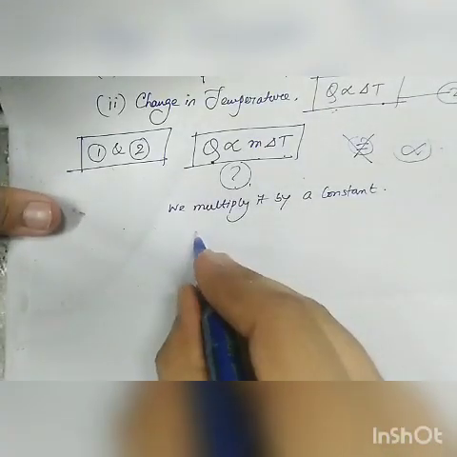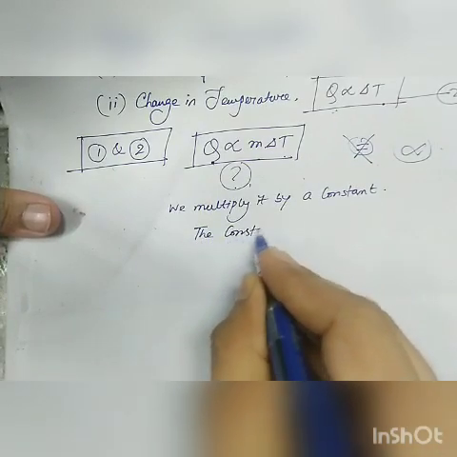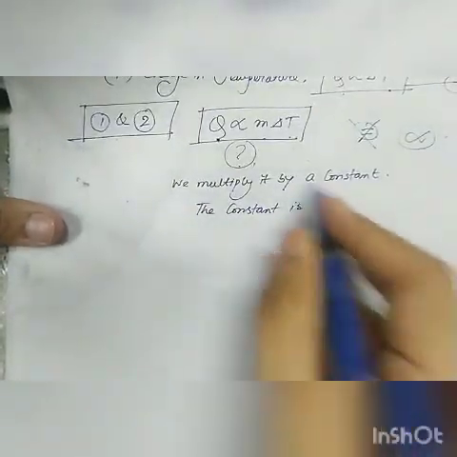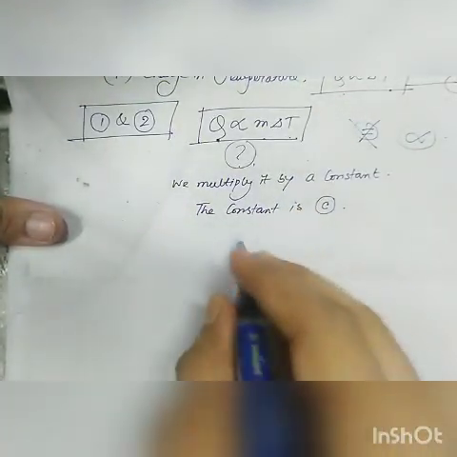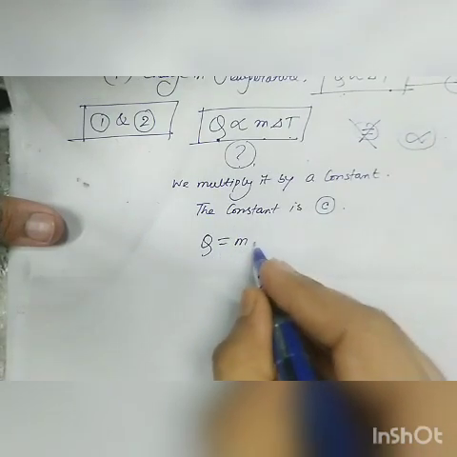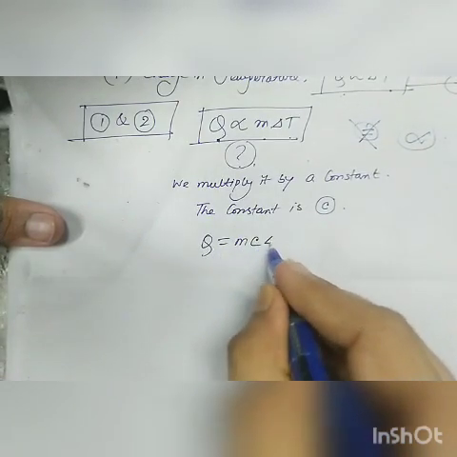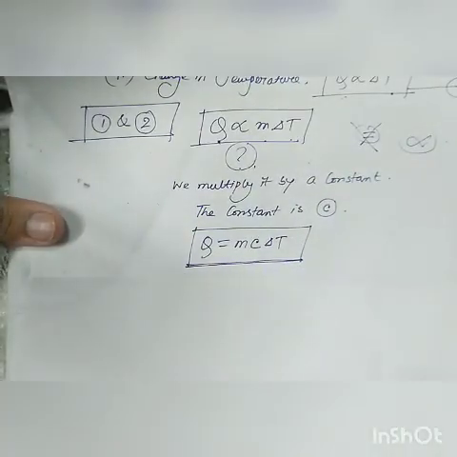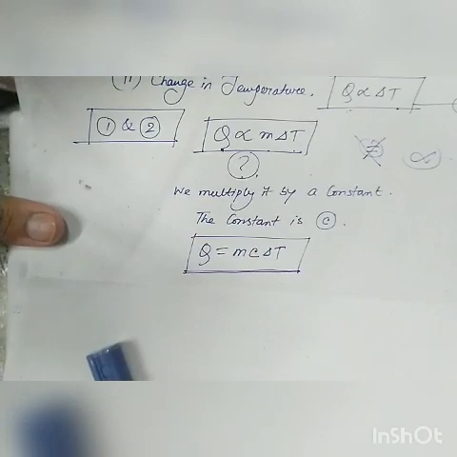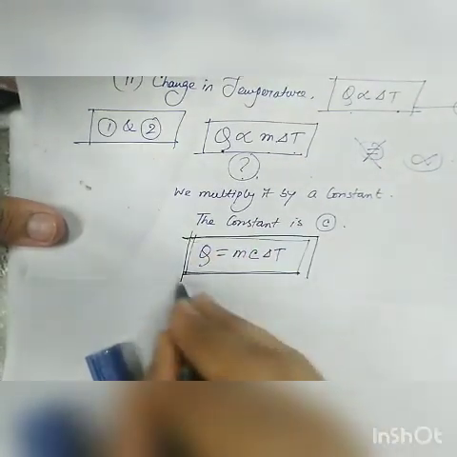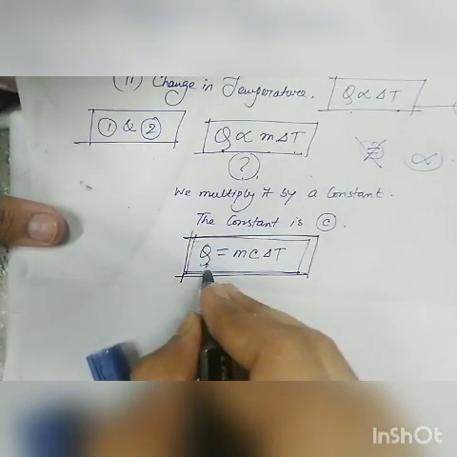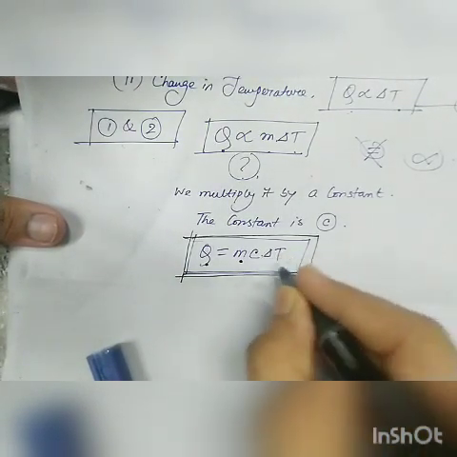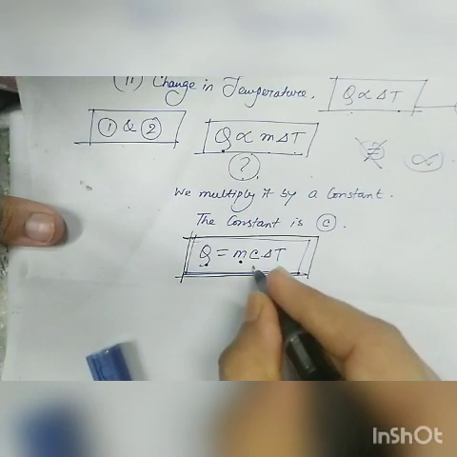In our case, the constant is C. If I multiply the right hand side by the constant C, I will get the equation Q equals mc delta T, and that is the equation of heat required. Here Q is the amount of heat, M represents the mass, delta T represents the change in temperature, and C is the constant.